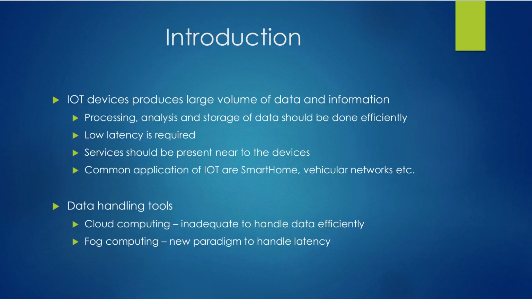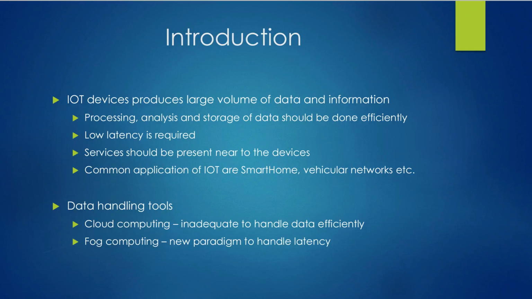As we talk about Internet of Things, as already told, a lot of data is being generated. Sometimes by the time the data reaches the cloud server for analysis, the chance to act on it might be gone. The processing, analysis and storage of data should be done efficiently.